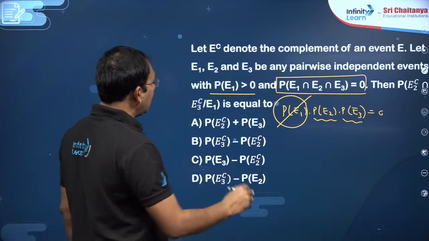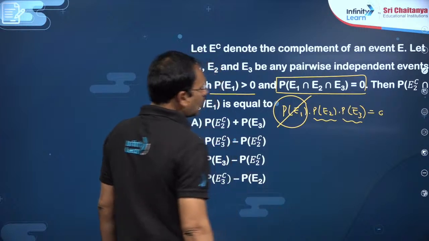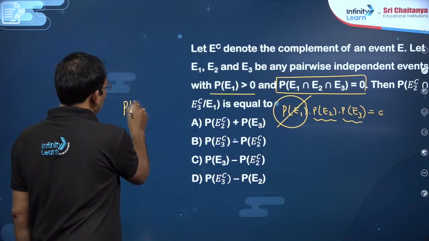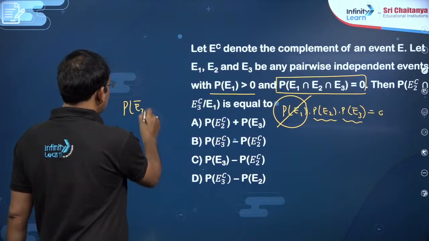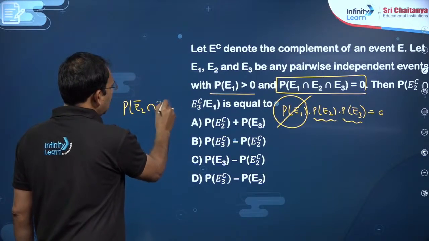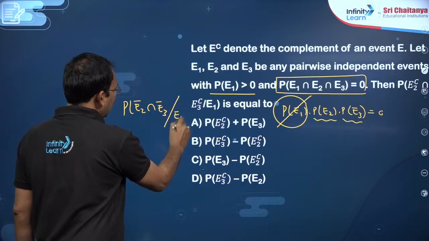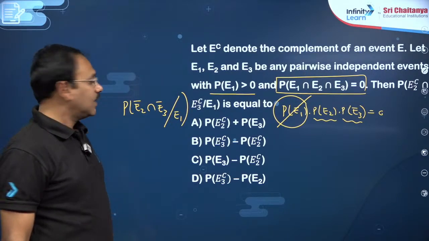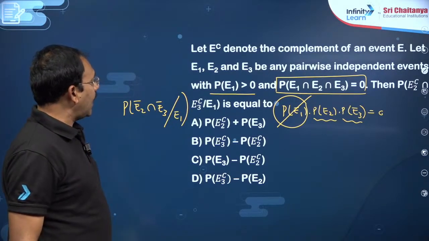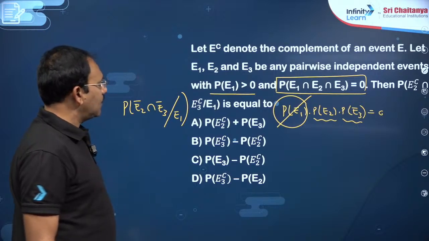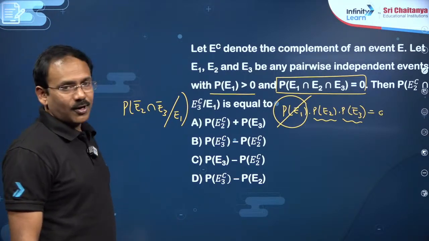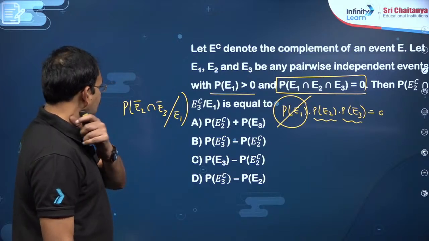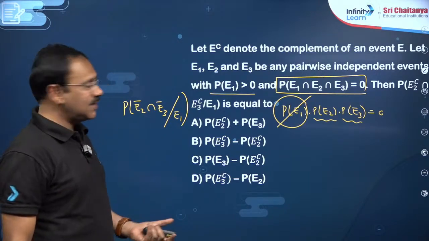The next, given P of E2 complement, you can write P of E2 bar intersection E3 bar given E1 is equal to. Okay, so either E2 or E3 must be 0. That is the point. Suppose E2 is 0, dear students, either E2 or E3, anything is fine.